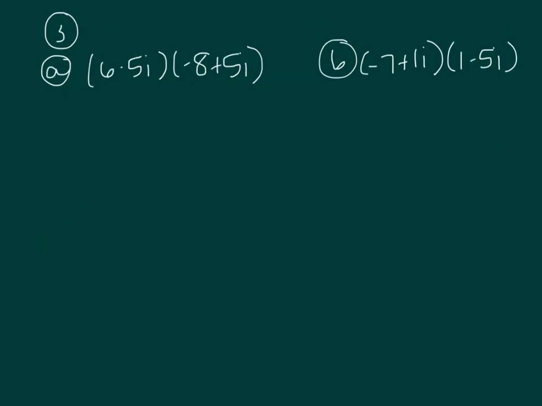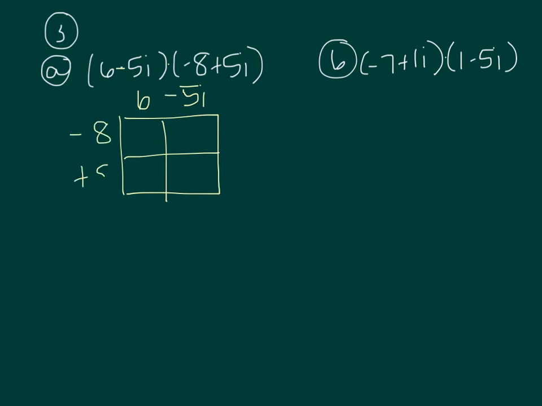Number 3, you're multiplying. So notice there's not an addition or subtraction sign between the parentheses, so that means we're multiplying. So the best way to do this is to just use a box. So I've got 6, this is a minus, I didn't write that very well, minus 5i, and this is negative 8 plus 5i.